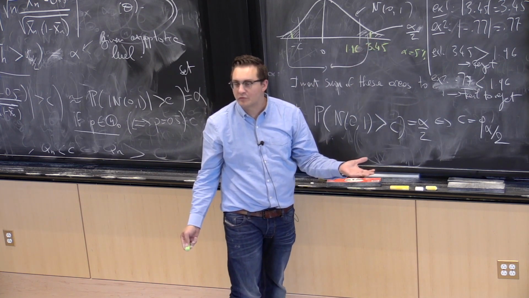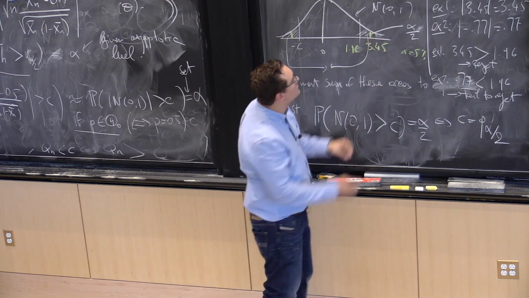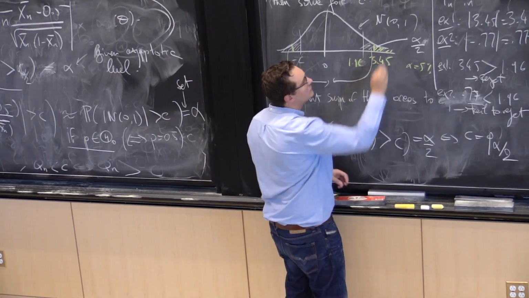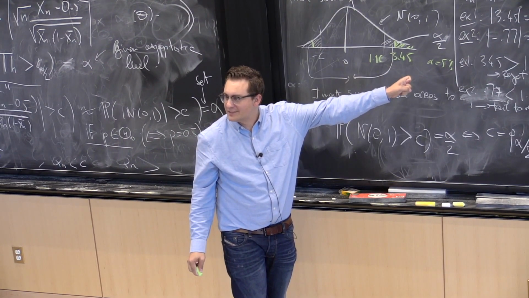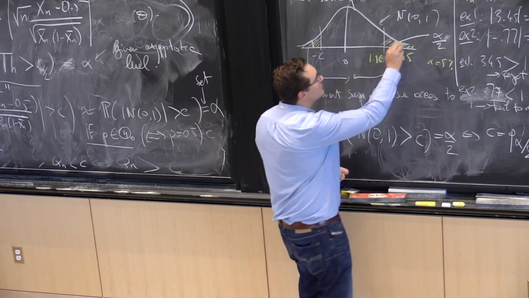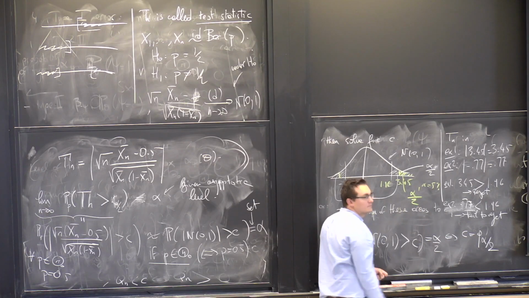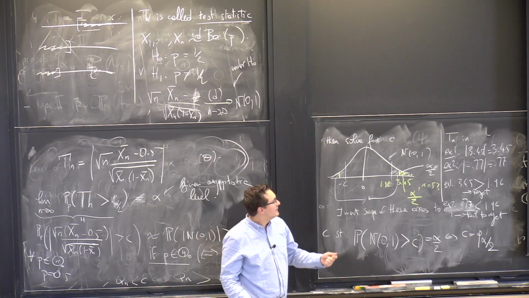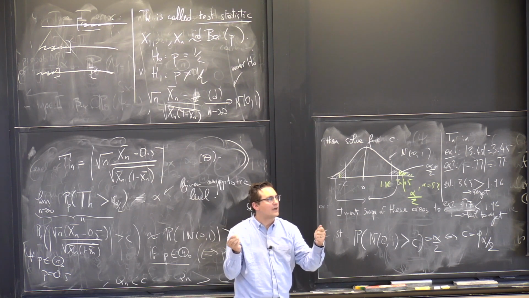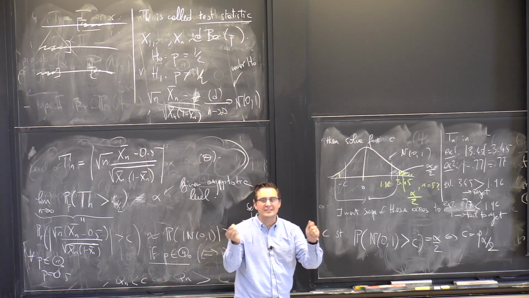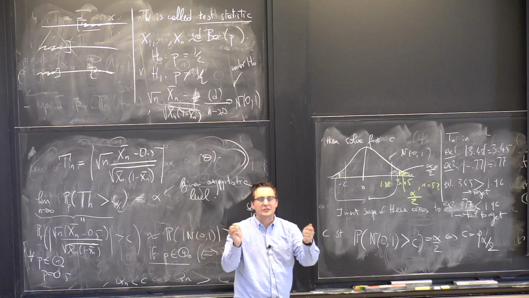It is the number 3.45, but I can also try to understand what the area to the right of this point is. That's some alpha prime over 2. And if I fix this level alpha prime, that would be exactly the tipping point at which I would go from accepting to rejecting.